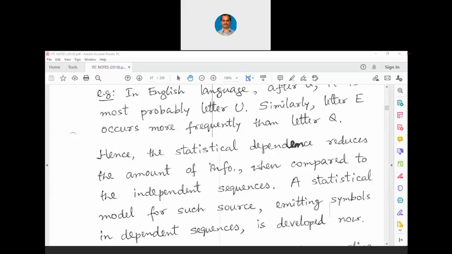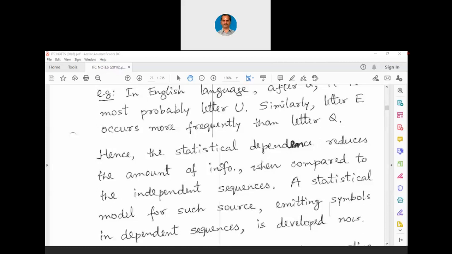So in such a case, statistical dependence reduces the amount of information when compared to the independent sequences. I told you the reason. In case of the dependent sequences, we multiply the probabilities. When we multiply the probabilities, as probability is a fractional number, the multiplication of two fractional numbers will result in another fractional number which is lesser.